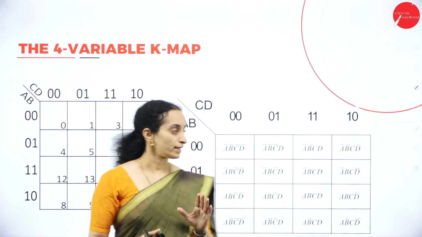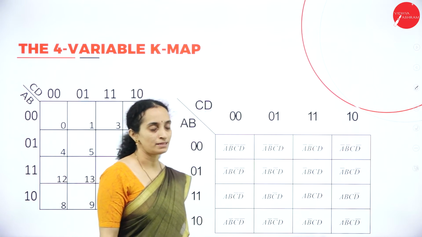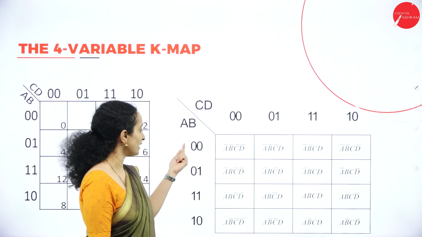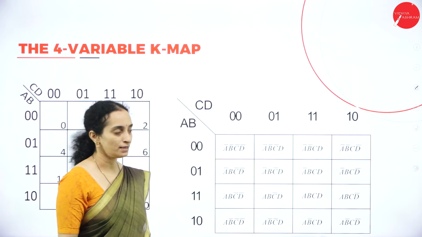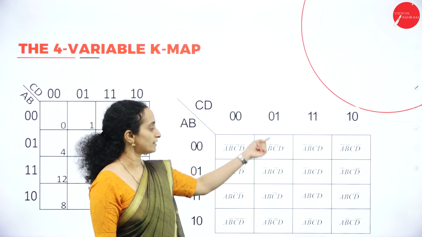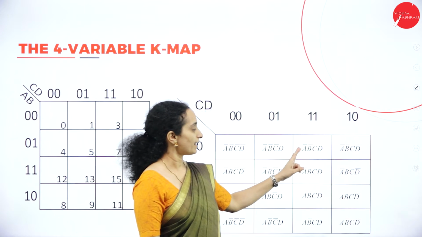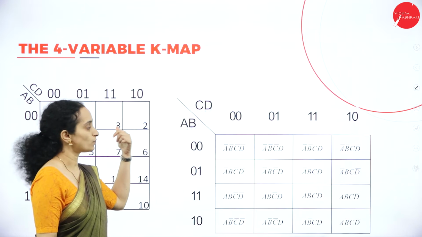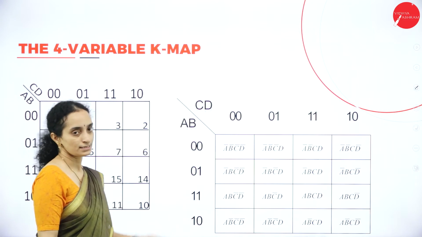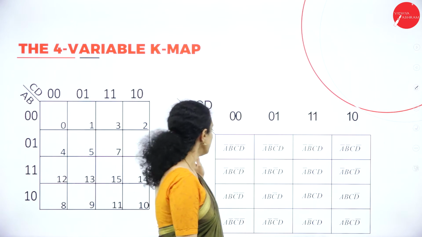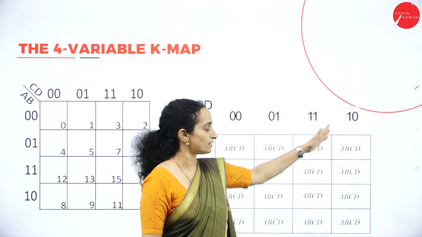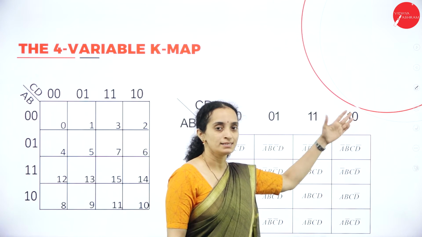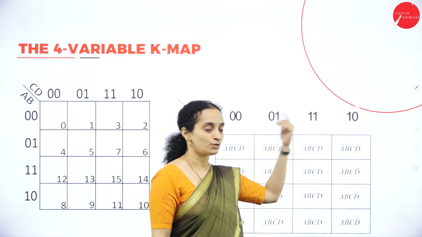Or you can represent with the help of the variables like this: A dash, B dash, C dash, D dash. Again, A dash B dash, C dash D, A dash B dash, C D. That means 0, 0, 1, 1, which is 3. Then you can have 0, 0, 1, 0, that is the equivalent of 2, A dash, B dash, C into D dash.